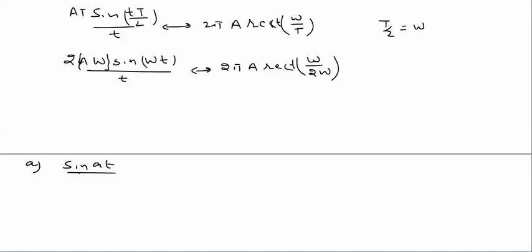Sine at upon pi t: we want to calculate the Fourier transform of this particular function. We can't directly achieve the Fourier transform of sine at upon pi t, so we have to choose the duality path.